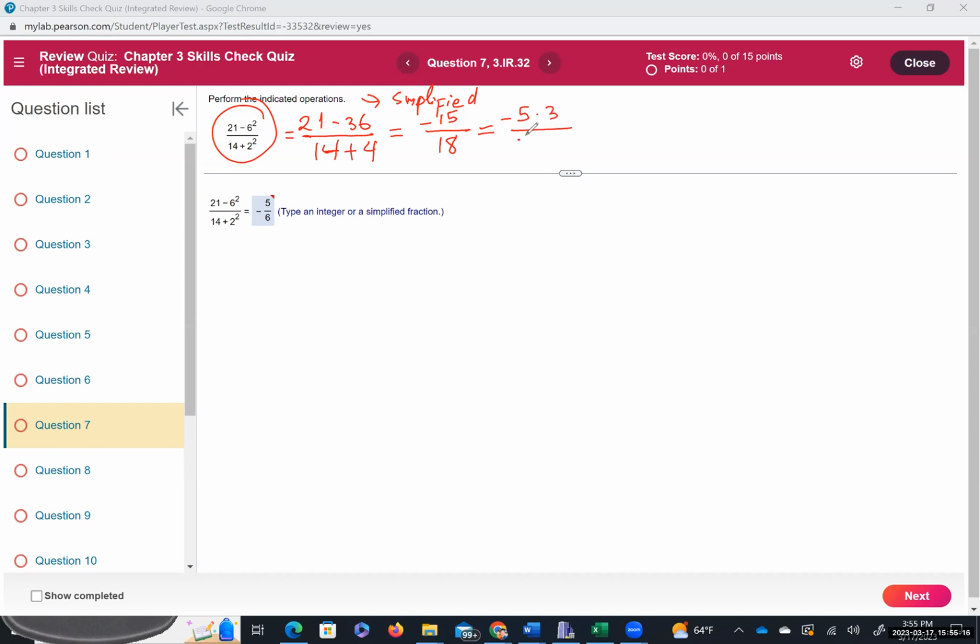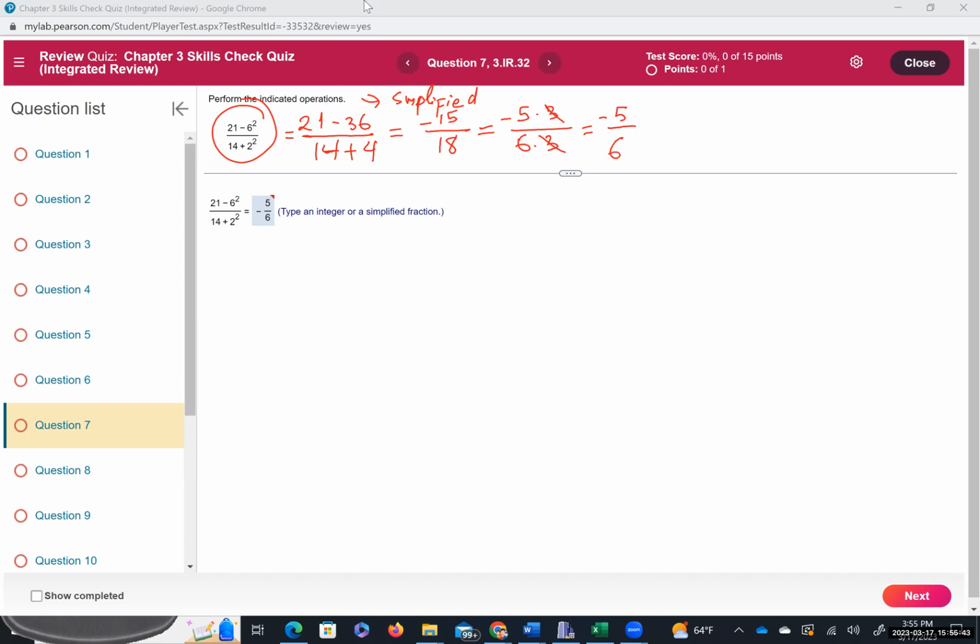And 18 can be divided as 6 times 3. When you have factor form like this, something multiplied with something on the top, something multiplied with something at the bottom, you can cancel the common factor. In here, I see there's 3 as a common factor between top and bottom. So you cancel that. You got negative 5 over 6.